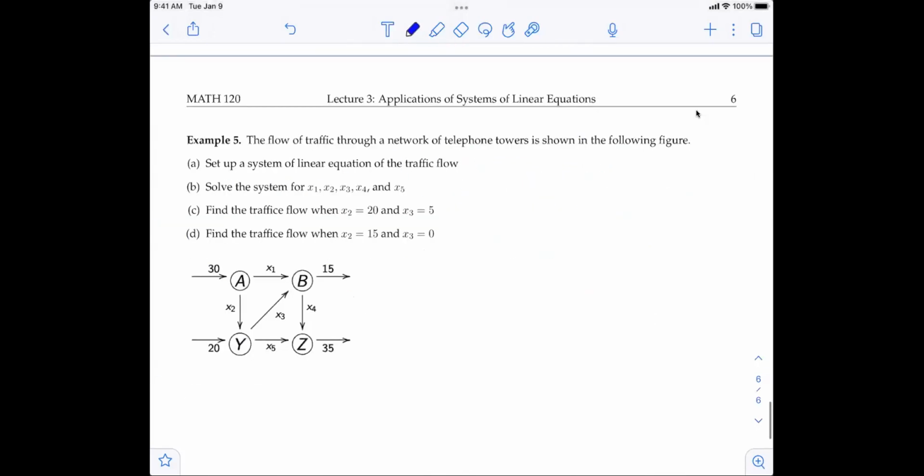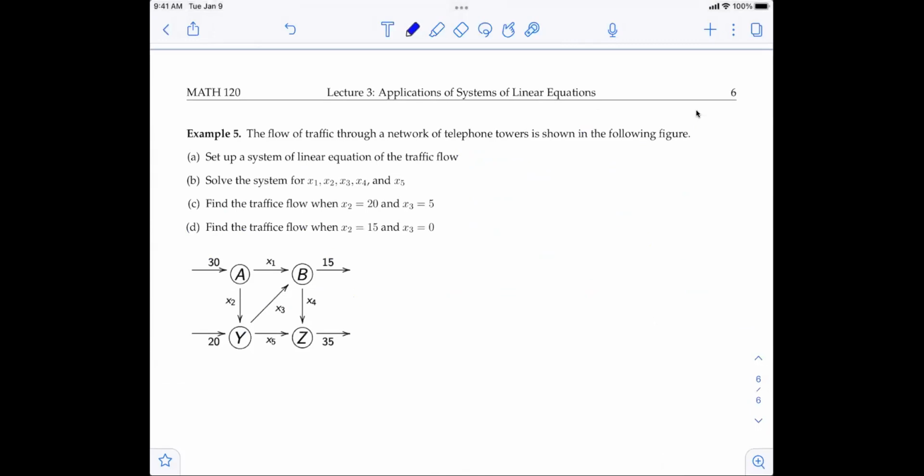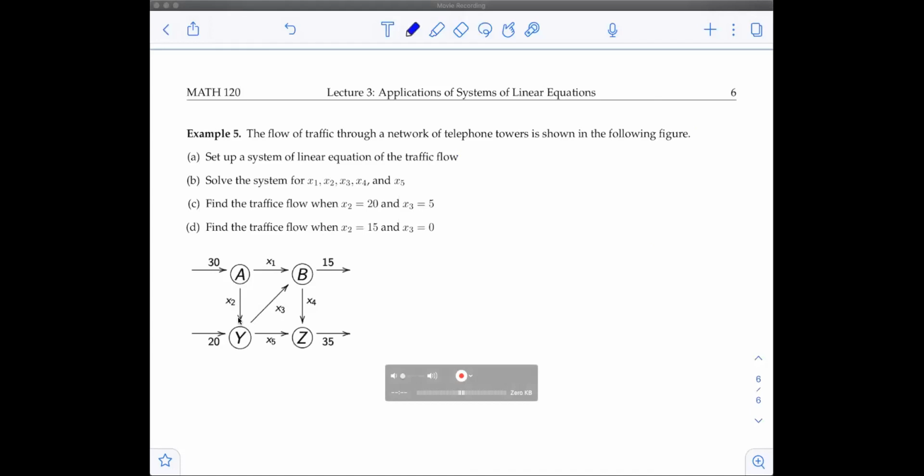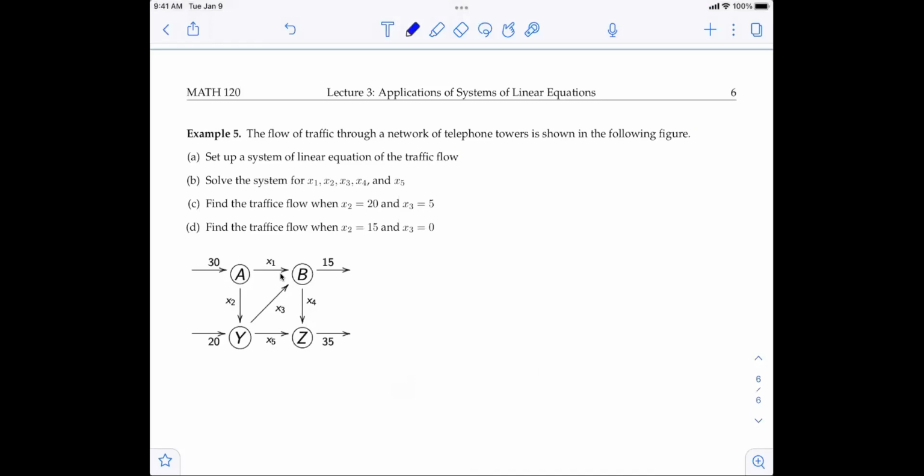Okay. So the next example is more realistic because you want to know about the flow of traffic through a network of telephone towers. This is the schematic of the network of the telephone towers. What we're going to do is first set up a system of linear equations of the traffic flow.